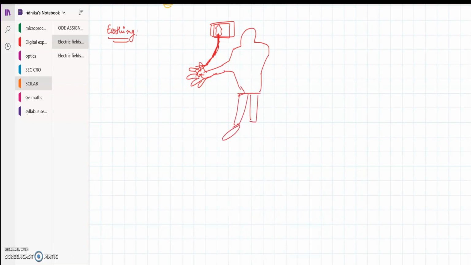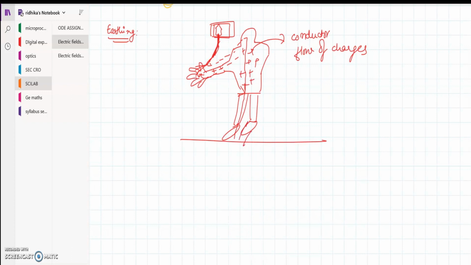The reason is that the electric charges actually flow through your body. As we have discussed earlier, our human body is also a conductor. So it allows the flow of charges through it. The charge from the wire travels through our body and passes to the earth, as we are touching the earth with our foot, and they go to the earth.